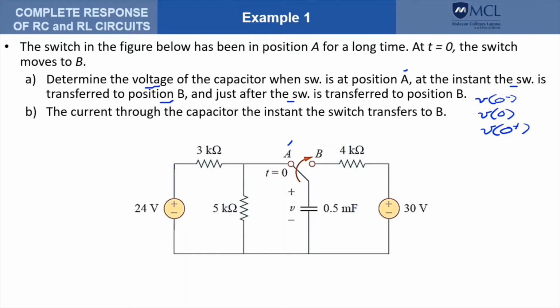We are also required to know the current through the capacitor at the instant the switch is transferred to B. So meaning what is I through the capacitor at t equals 0.